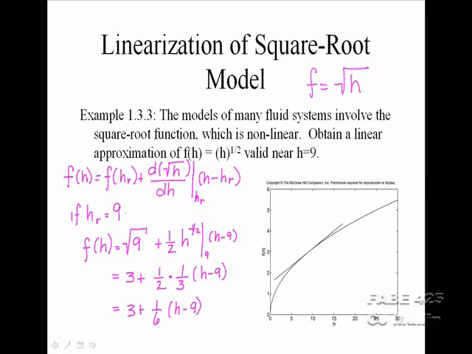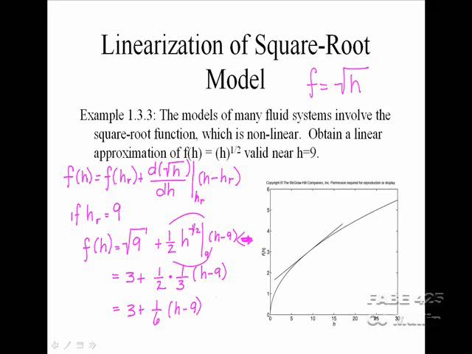If we set the reference equal to 9, we can substitute in, and we get this line right here. Then I'm just calculating out this part for 9, and we end up with 3 plus 1/6 times h minus 9.